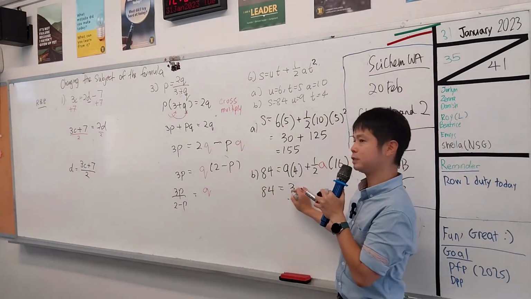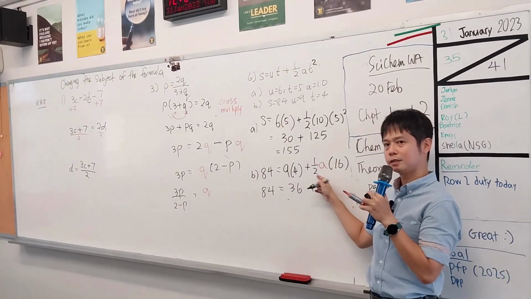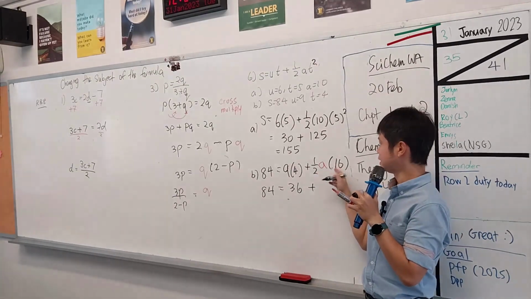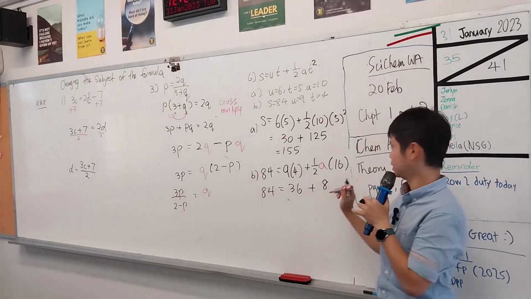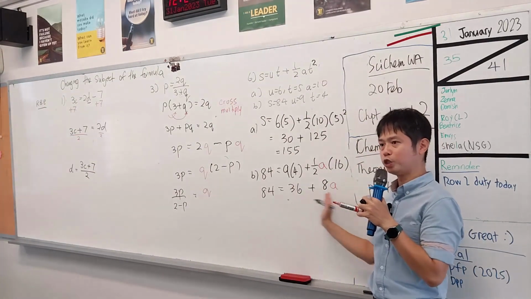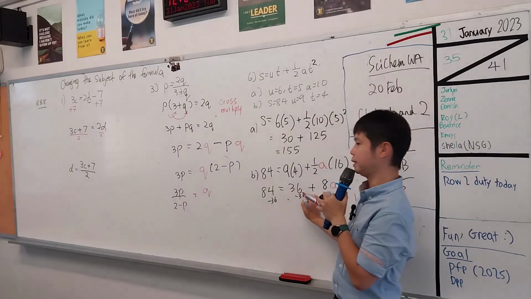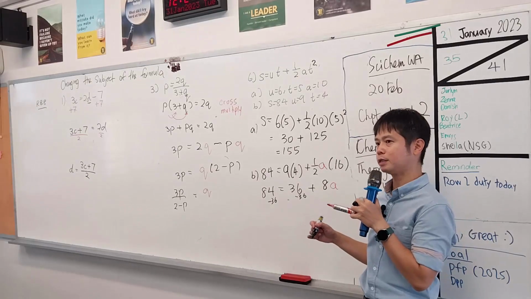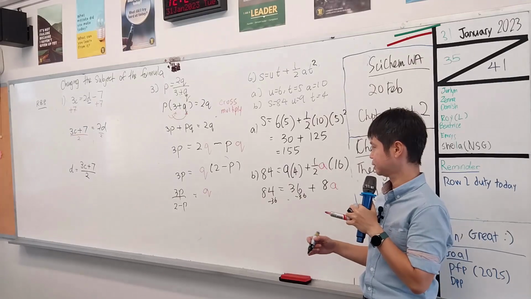84 equals to 36 plus, how many A's do I get here? 16 times half. I will have 8A. Okay, now this is a simple linear equation that you can solve. So minus 36, minus 36. 84 minus 36, how much do we get? 48.